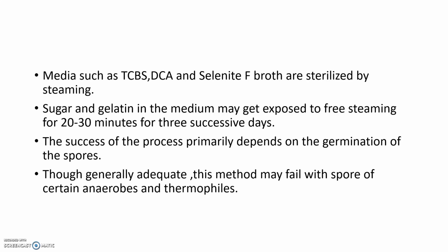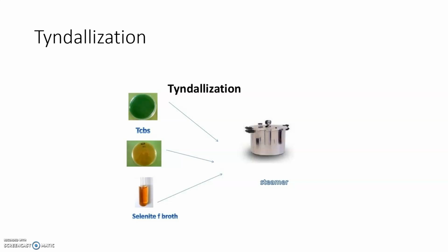Spore germination. Though generally adequate, this method may sometimes fail with the spores of anaerobes and thermophiles. That is the disadvantage of this method. So these 3 media are used in tyndallization, with intermittent heating for 3 consecutive days.